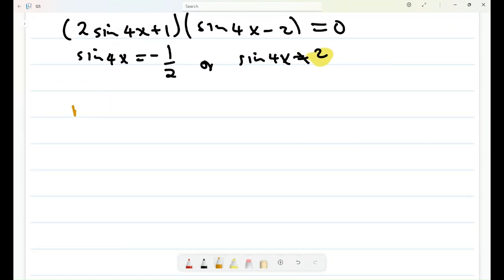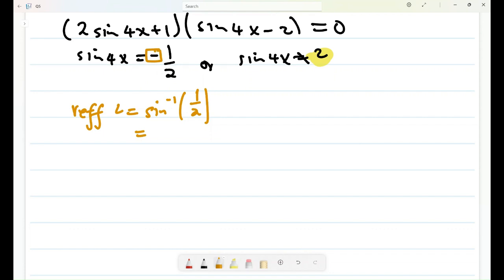Now, what you first find is your reference angle. What is your reference angle? You just say, this is sine, right? Just say arcsine of just half. Just take half, okay? This negative sign, we're going to use it somewhere. Save it for somewhere.